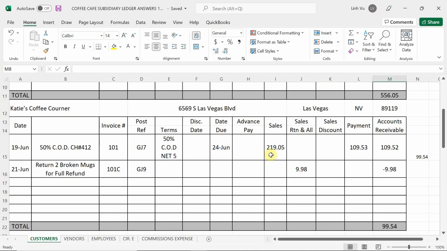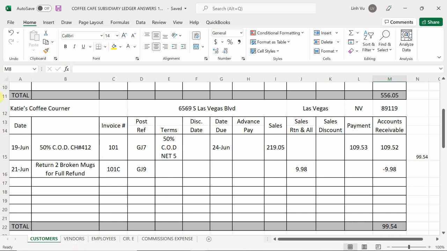And she paid $109.53. So she owes $109.52. But because she made a return and we refunded her $9.98, she owes us $99.54, which is exactly true. So we can confirm that she paid the correct amount and she didn't overpay or underpay.